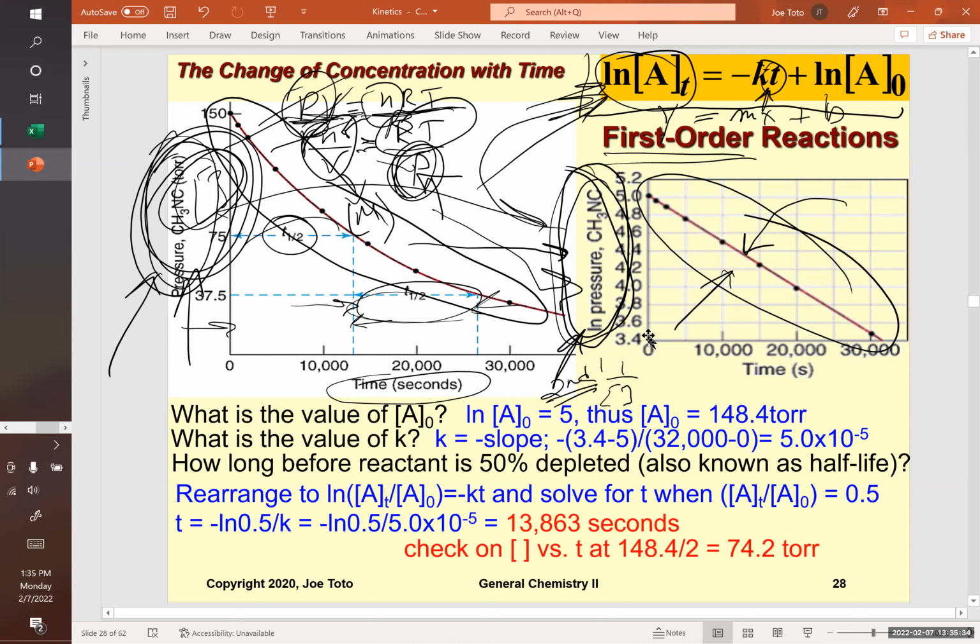Remember, we looked at the method of initial rates, where you looked at initial concentrations and initial rates in a series of experiments, and you used that to deduce the power dependency.